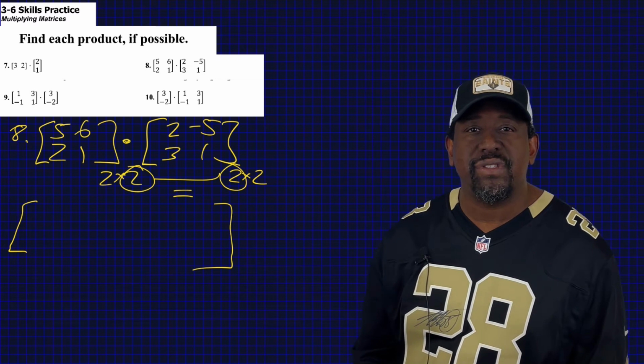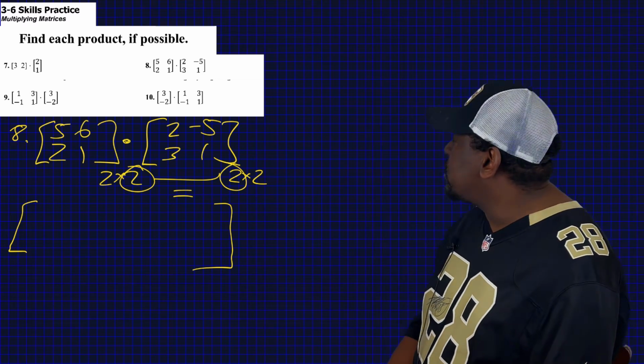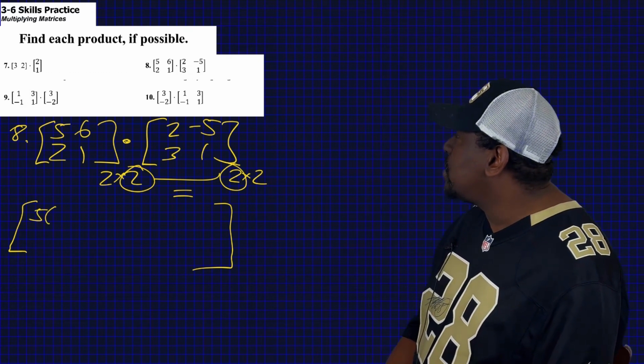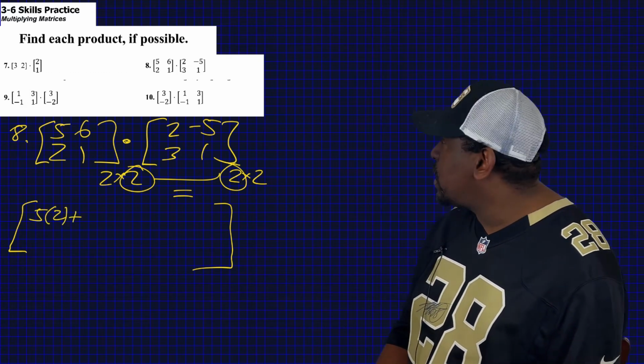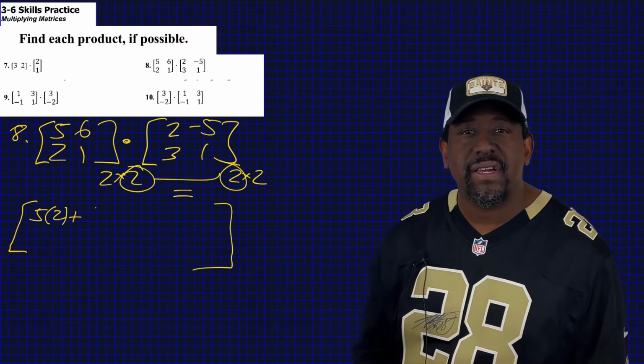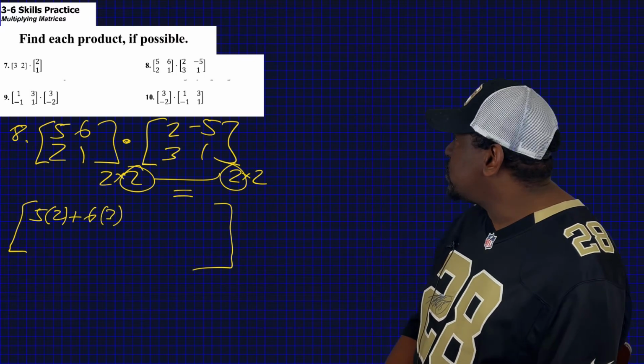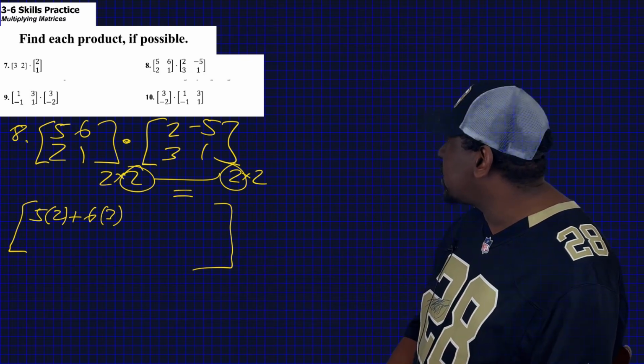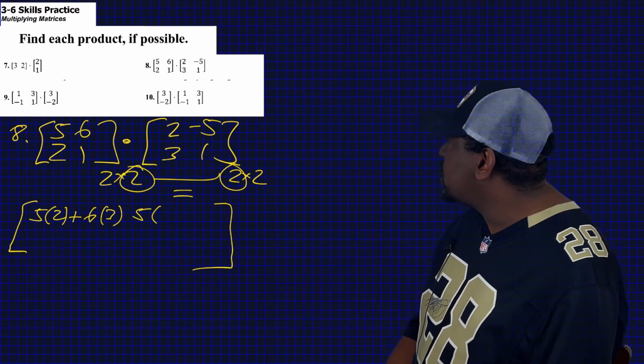So again, the way it works, we will have a 2 by 2 matrix that is the result of multiplying these. And so our first row, first column will be determined by taking 5, multiplying by 2, and we will add that to 6 being multiplied by 3. So now we're going to take first row, second column, 5 times -5 plus 6 times 1.